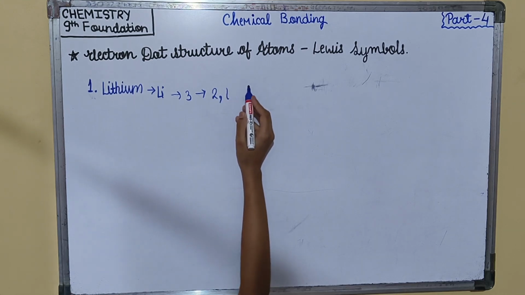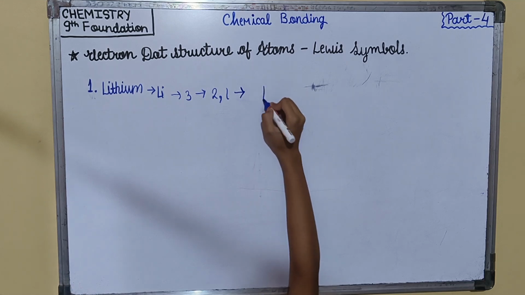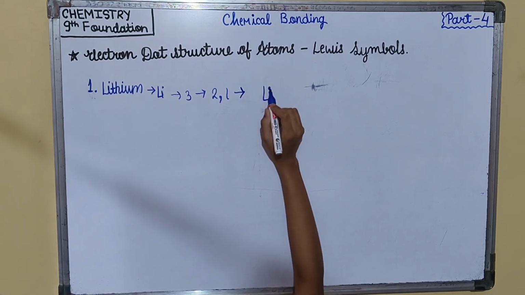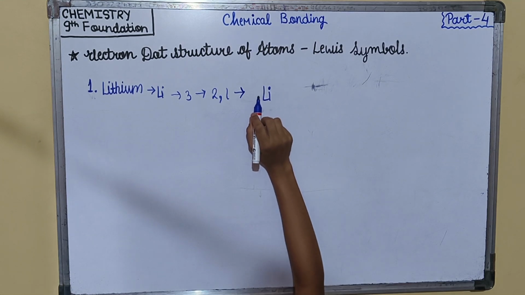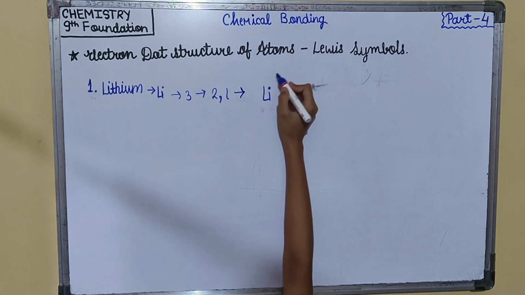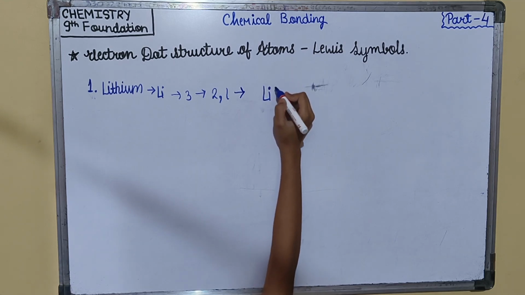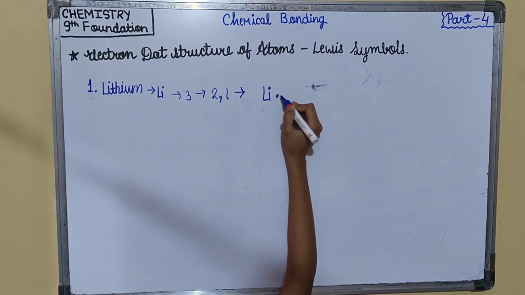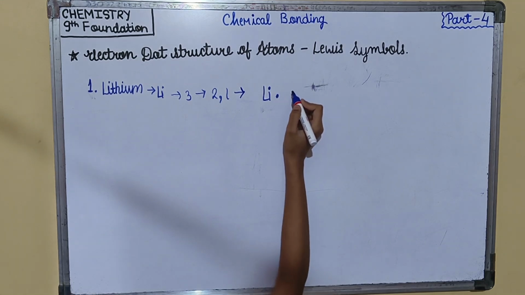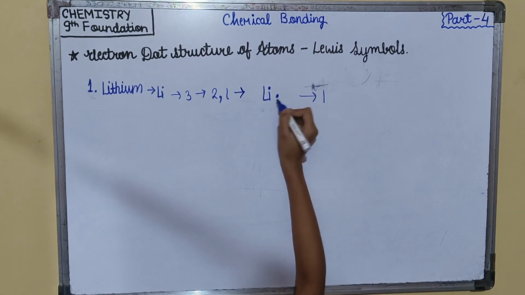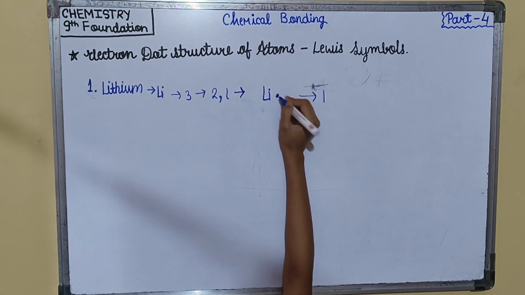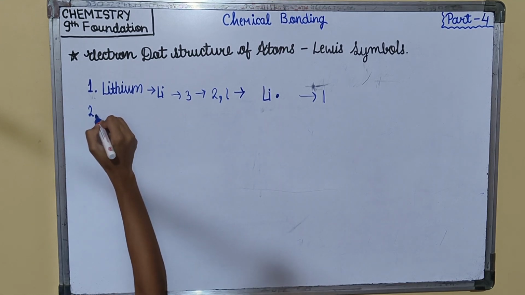And if we see its Lewis symbol, it will be the symbol of lithium, that is Li, and the number of valence electrons in its atom, that is 1. So over here 1 dot will be given. The number of electrons in the valence shell is 1, that's why 1 dot. This is the dot.